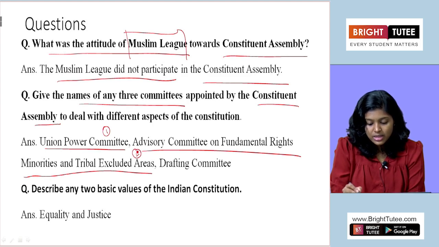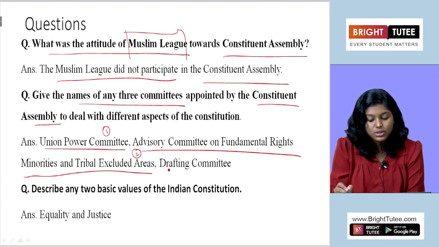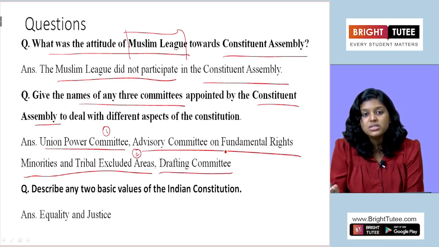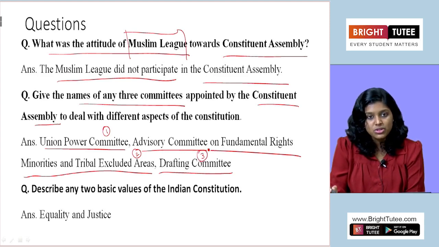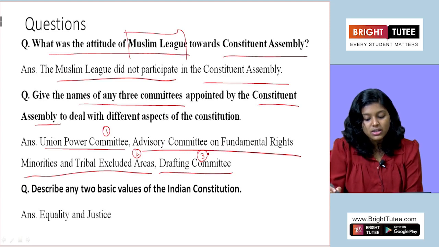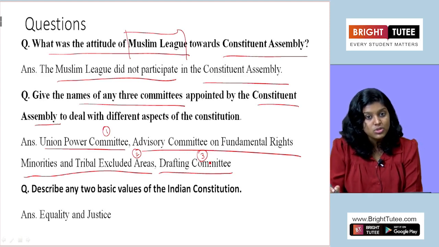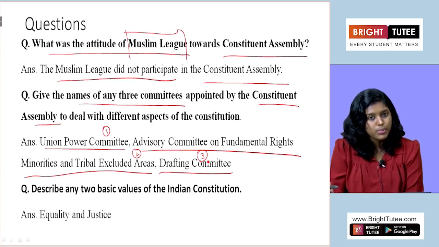So this is the second committee which we had looked at. And the third and the most significant committee appointed by the Constituent Assembly was the Drafting Committee. So you must remember some of those names, and these three were the significant committees which worked under the Constituent Assembly, and there were several other committees and subcommittees which were working alongside.